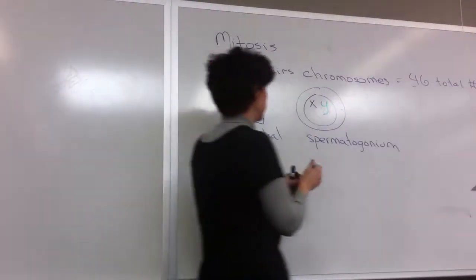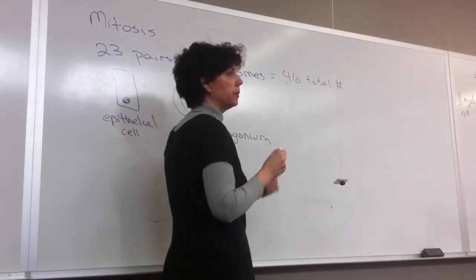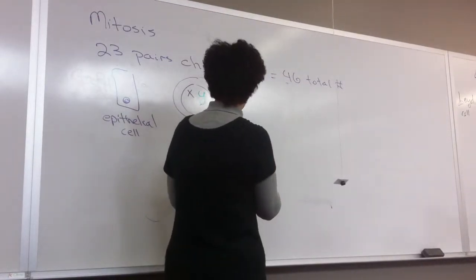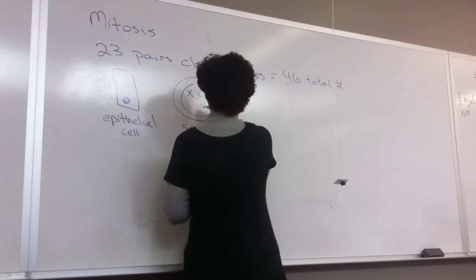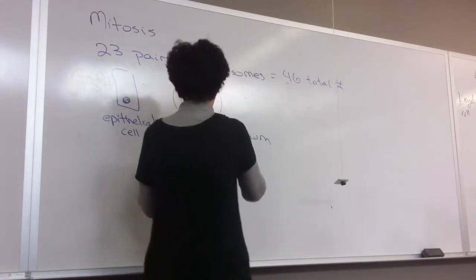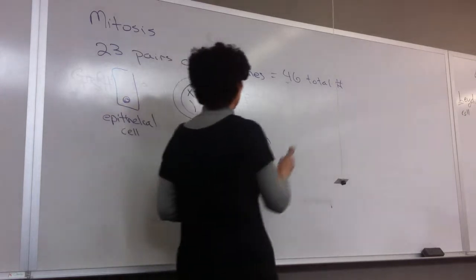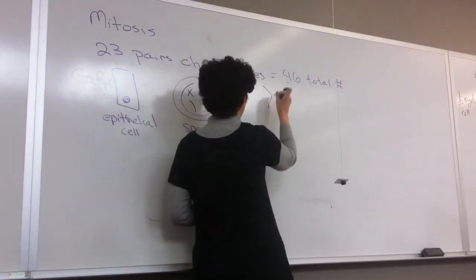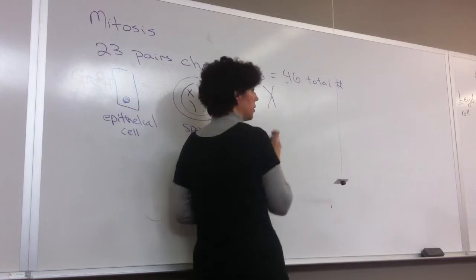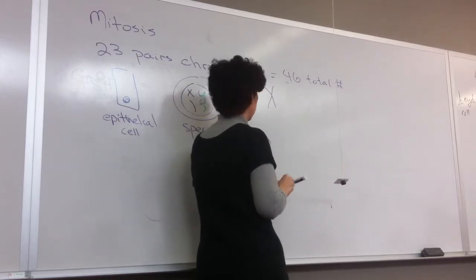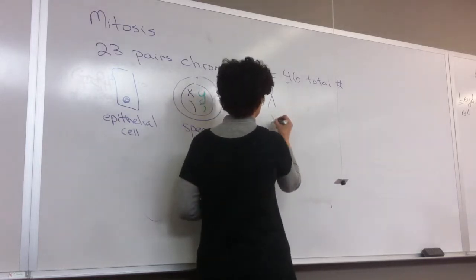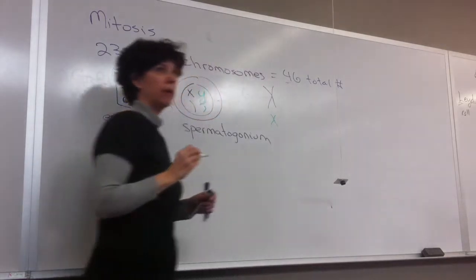So as we move into prophase, we have our X chromosome, our Y chromosome, and our X chromosome. Our new cell is going to have 2 X's and 2 Y's. Everybody with me so far?